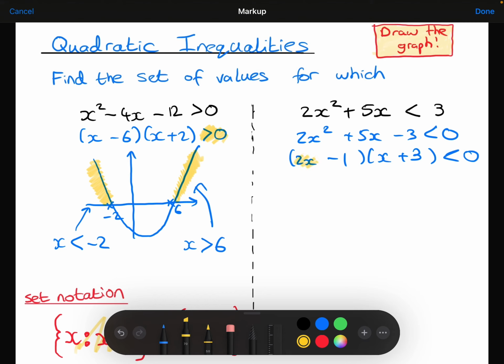Just double check that. The 2x times the x is the 2x squared. The 1 times the -1 times the 3 is -3. And then crucially, the 2x times the 3 is 6x. The -1 times the x is -x. And the 6x and the -x do give me the 5x.